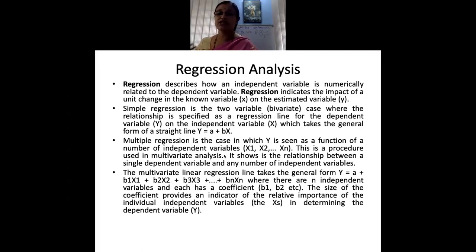Hayes regression is very, very popular when it comes to finding the direct and indirect effect, especially in the case of mediators and moderators.